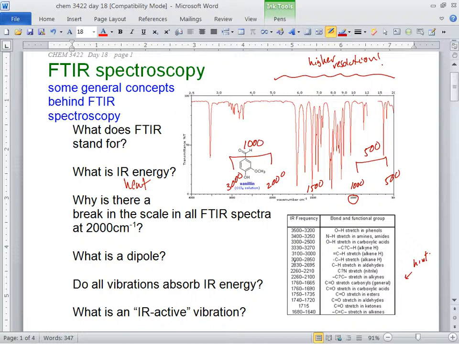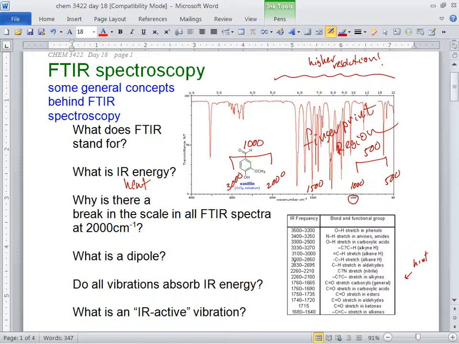A majority of that stuff, big time, is below 2,000. So they call that area the what? Oh, so close. Fingerprint. So you've heard this before. Where'd you hear this? Exactly, the fingerprint region. So that's why they changed the resolution there.